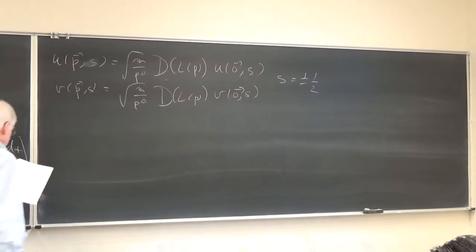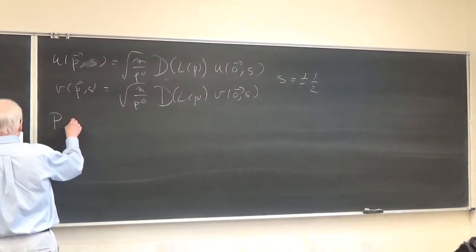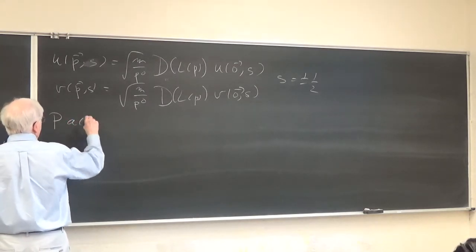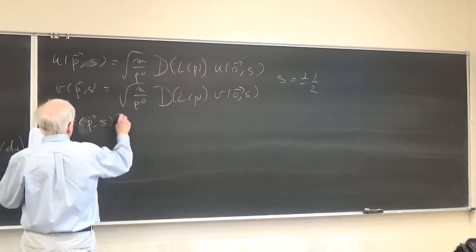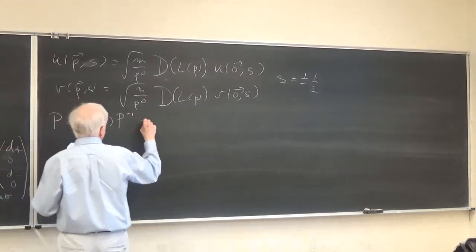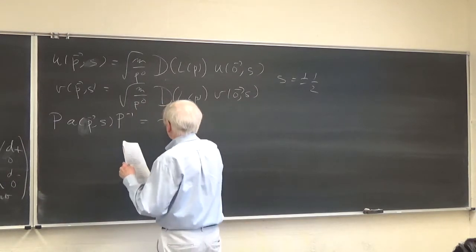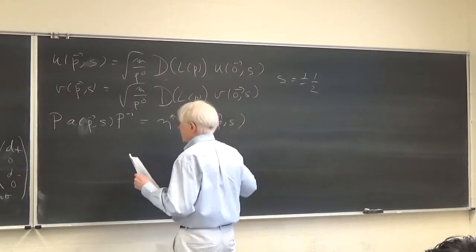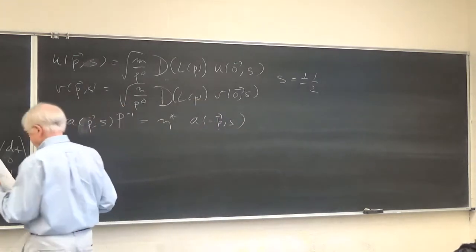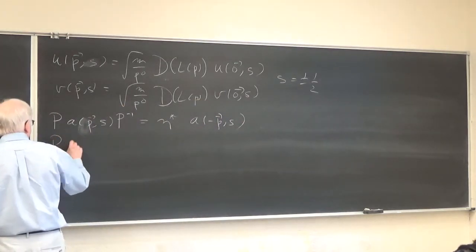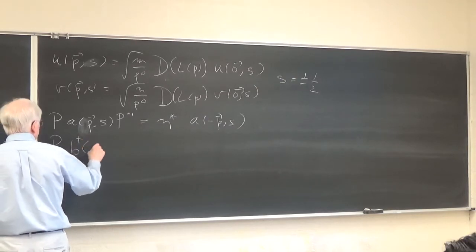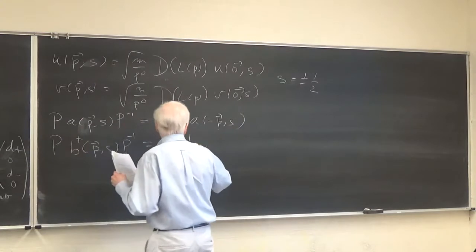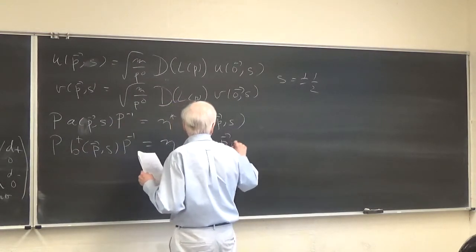So what do we want to happen under parity? I'm going to use Weinberg's notation here. This is eta complex conjugate a of minus p and s. So parity flips the momentum, and on b dagger of p, it's eta b dagger of minus p and s.